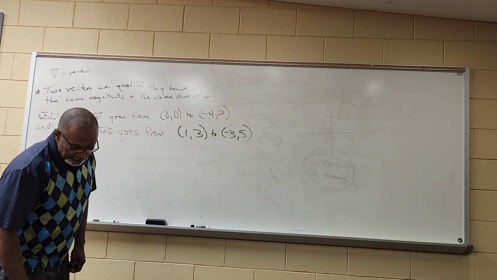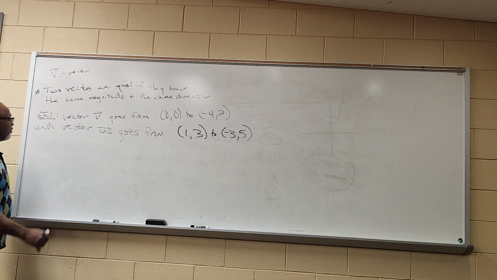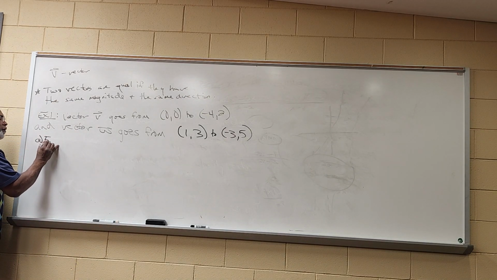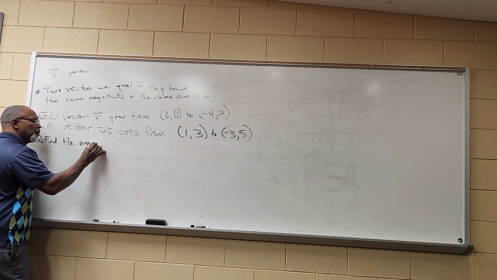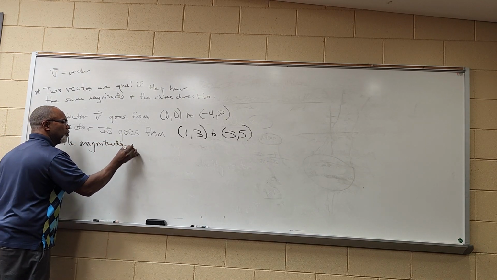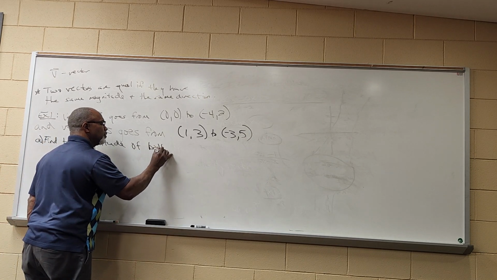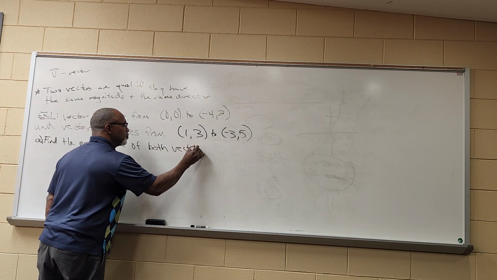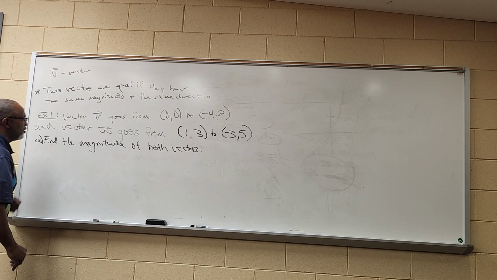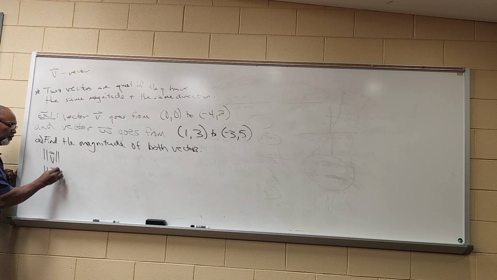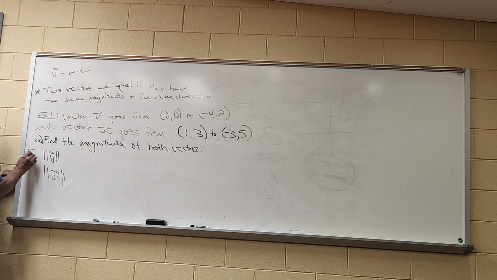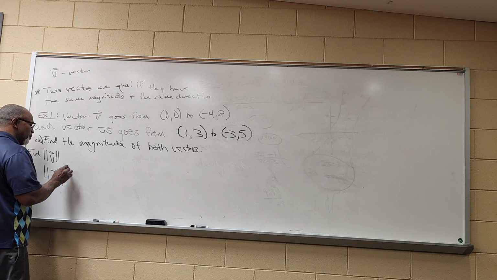Okay? They say find the magnitudes of the vectors. Find the magnitude of both vectors. Okay? So in other words, I want the magnitude of vector V, and I want the magnitude of vector W. This is what we want to find.